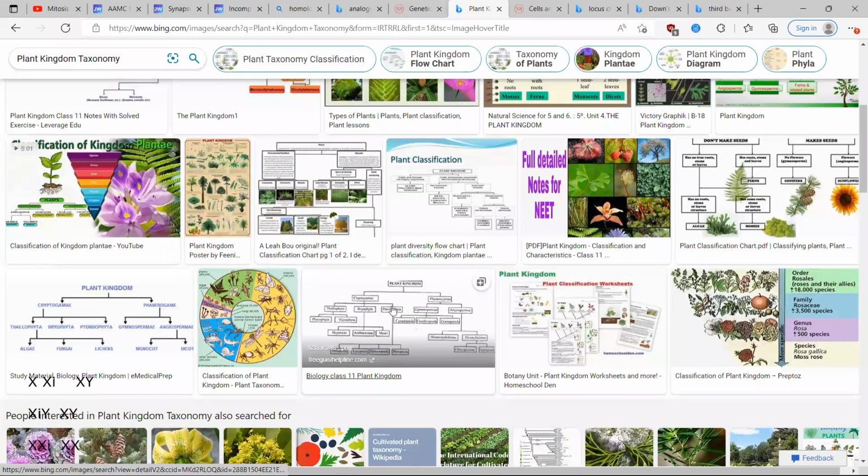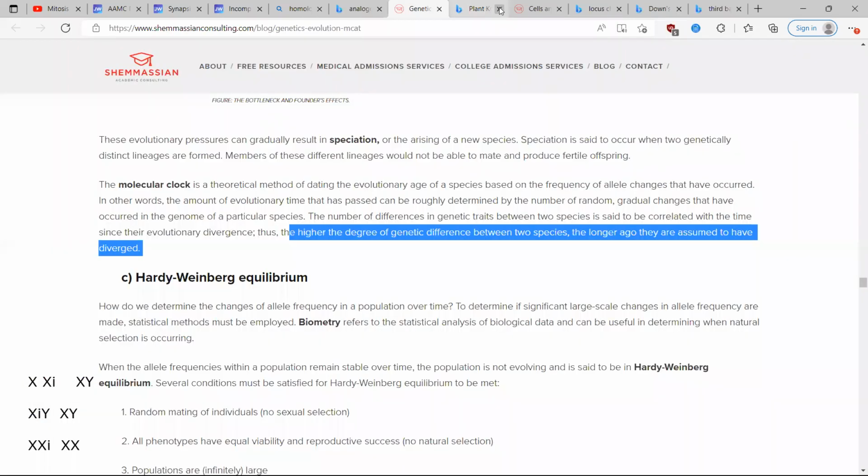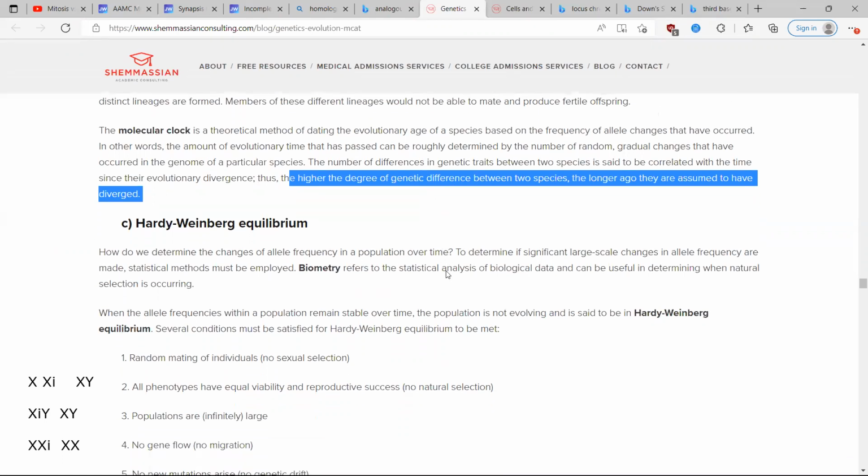I can't find a good picture, but basically the less genetic diversity you have between species, the more recent an ancestor they are, right? So we're supposed to have like a 99% DNA match with monkeys, or was it orangutans or something? Based on the degree of genetic differences, we can tell who's similar and who's dissimilar to us.